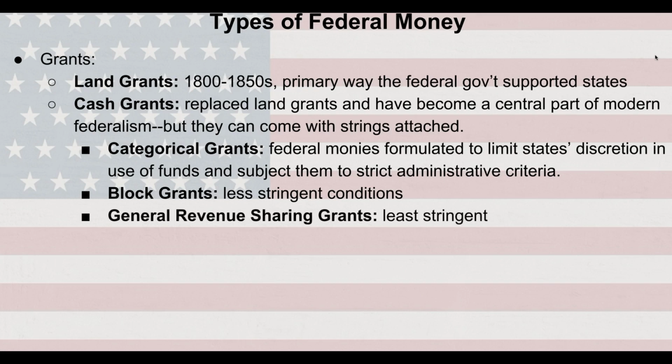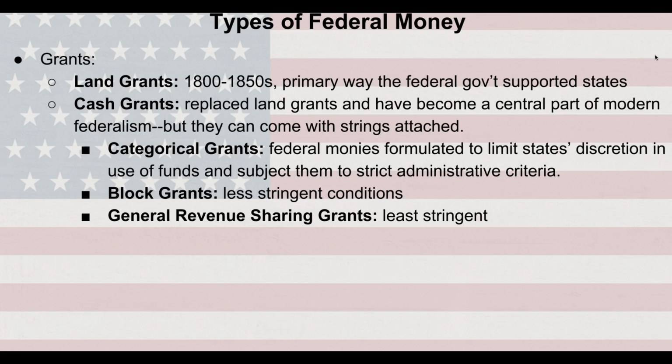And then there are these general revenue sharing grants that are the least stringent. And these were in operation during the Nixon through the Reagan administration, which was about 1972 to 1986. They began with Richard Nixon.